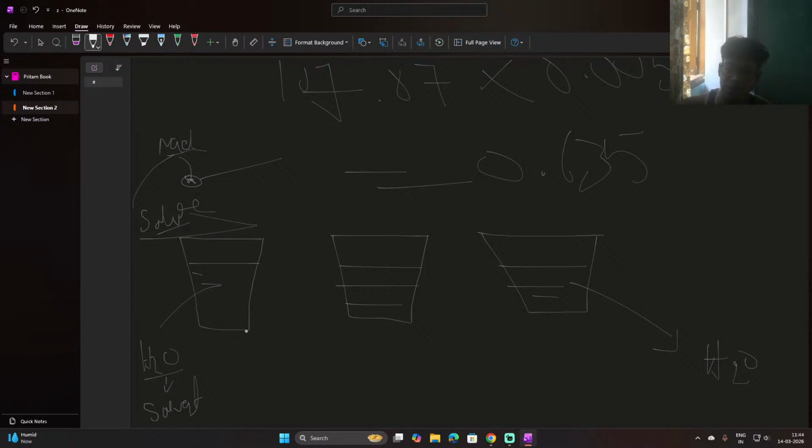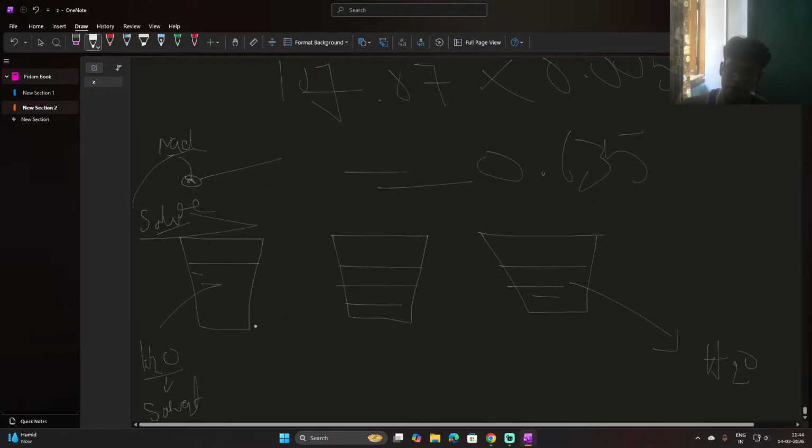So in this solute and solvent mixture, we hardly recognize the salt in water. After the filtration, we cannot filter the salt when we do filtration. Only when we evaporate the water, then we can find the salt that way.